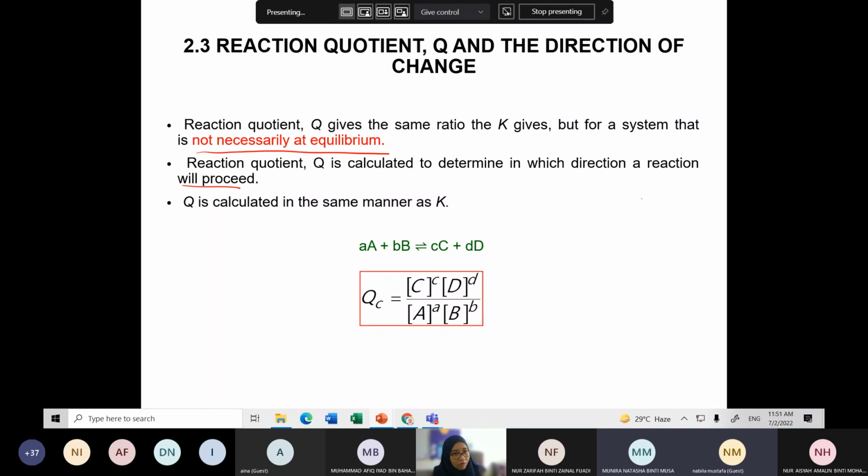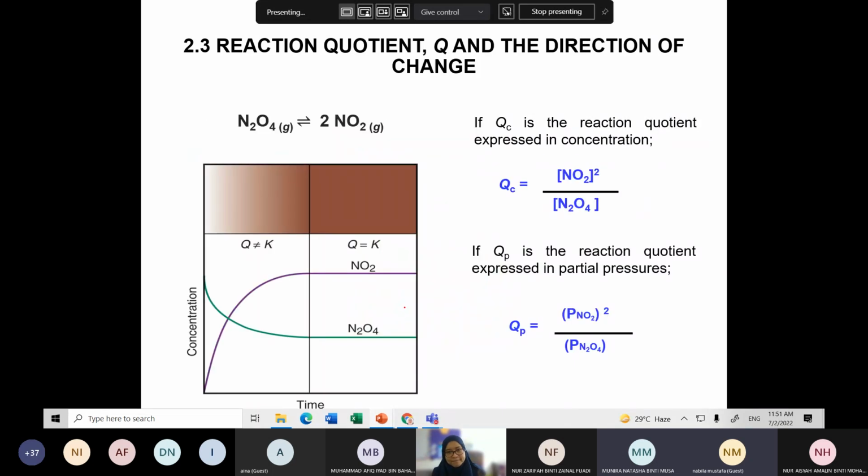Is it at equilibrium or not? Tu QC. Tapi KC confirm mesti at equilibrium. QC is calculated in the same manner as KC. Sama exactly. Formula yang sama, pakai power yang sama, gas, solid tak solid satu, exactly the same. It's just that not necessarily at equilibrium.